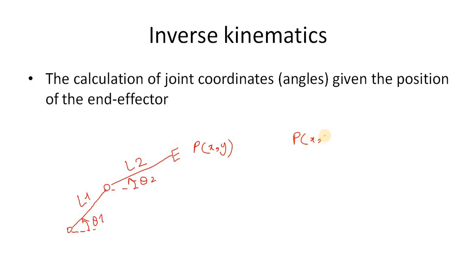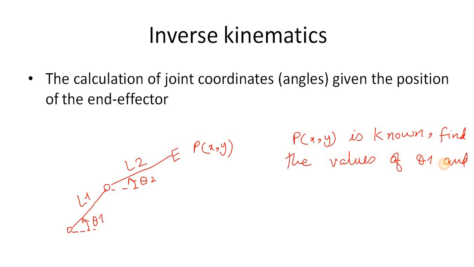P xy is known. Find the values of theta 1 and theta 2, and also L1 and L2 are known. So this is why it's called inverse kinematics, because it is opposite to forward kinematics.